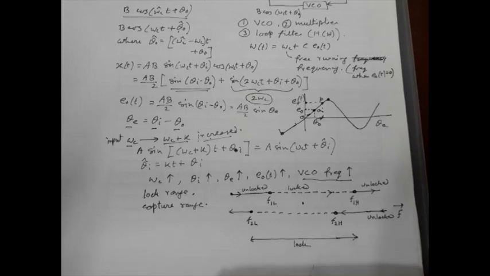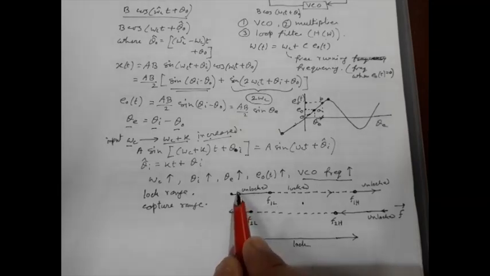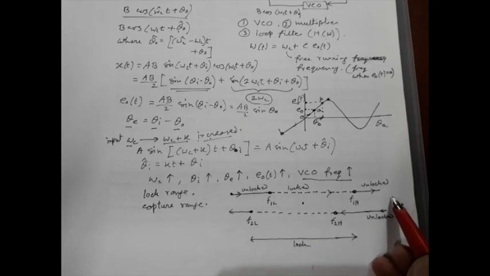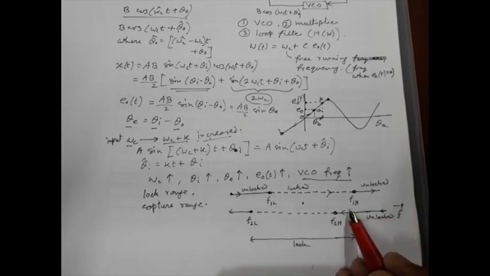Now to understand the capture range, what is that? Starting from an unlocked condition, if we increase the frequency, the first lock condition occurs at frequency f1L, and starting from an unlocked condition from higher frequency, if we reduce the frequency, it will get locked at frequency f2H.